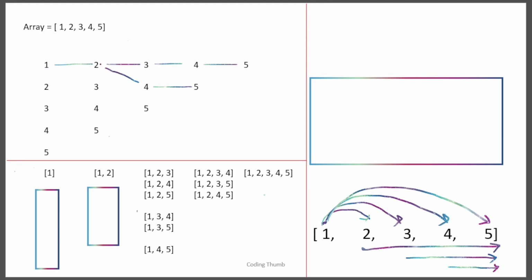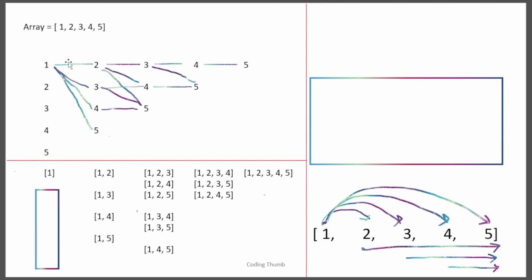Or I can do 1, 2, 3, and 5. We could also do 1, 2, and 5. We could do 1, 3, 4, and 5. 1, 3, and 5. Or we can do 1, 4, 5, or just 1 and 5.